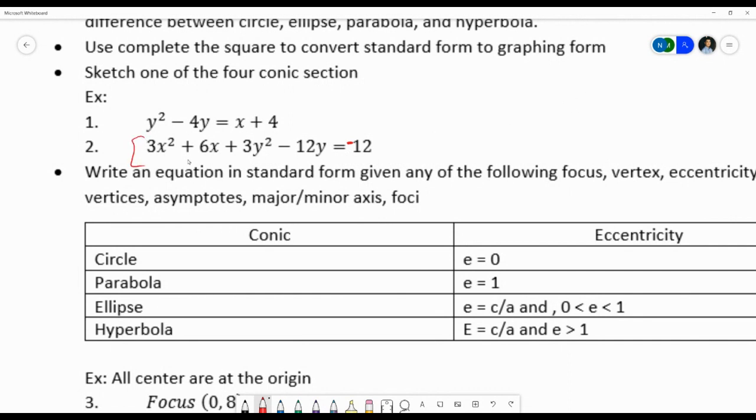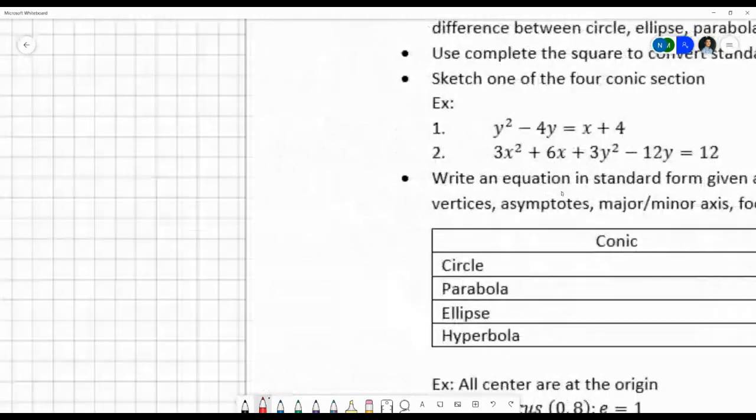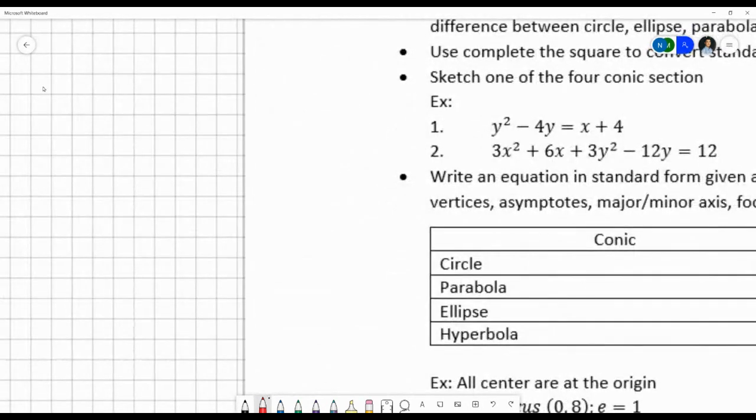So in order to do that, we have to complete the square first, because when we complete the square, we're going to have an extra constant here that we're going to add on to the other side, which will make this either positive or negative. We don't know that until we actually complete the square. So let's do that problem. And I want you to complete the square and write number 2 in standard form, in graphing form.